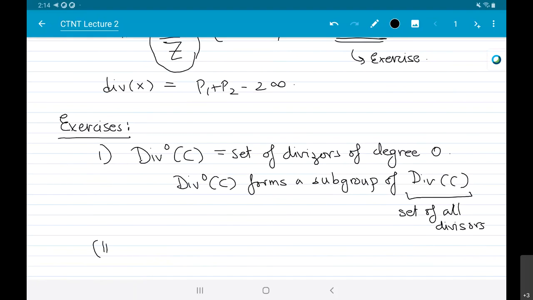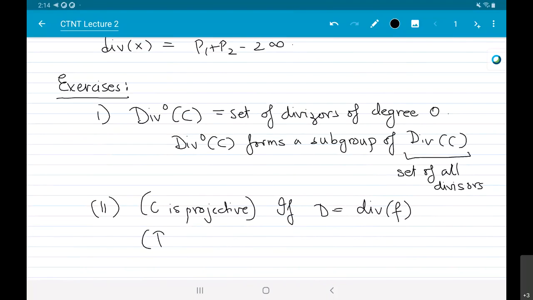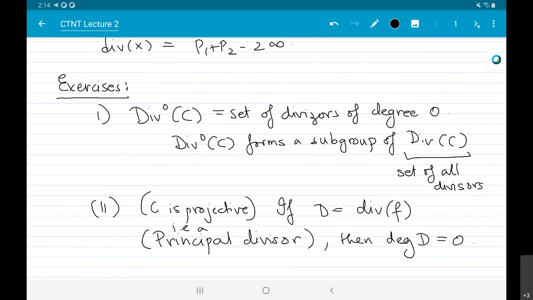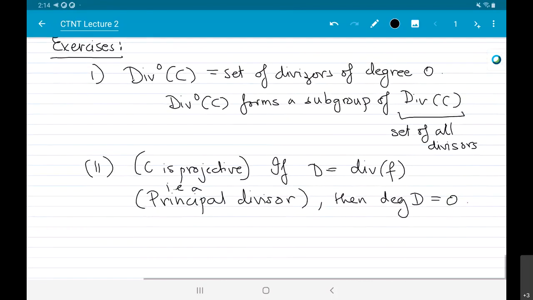And the second one, this requires you using that C is projective. If D is a principal divisor, that is, if D comes from a rational function, then the degree of D is 0.